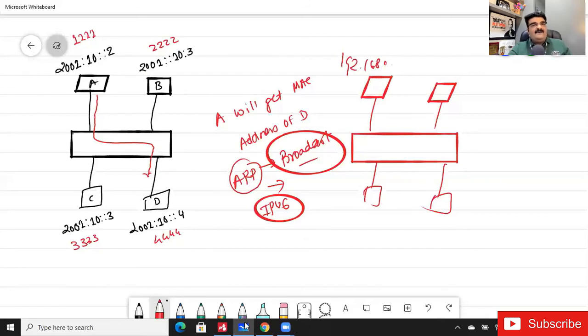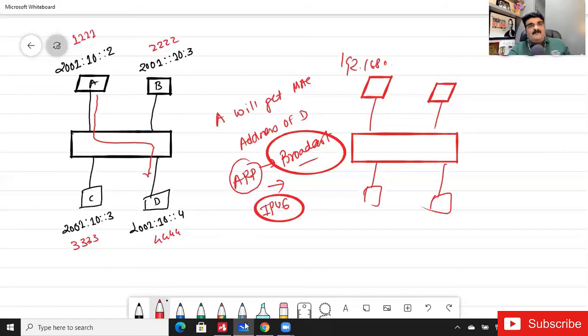Very good. Now ARP is doing broadcast. So now you tell me, can we use ARP with IP version 6? Yes or no? The answer is no, there is no provision for broadcast.